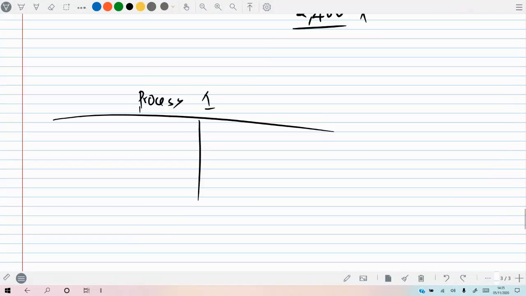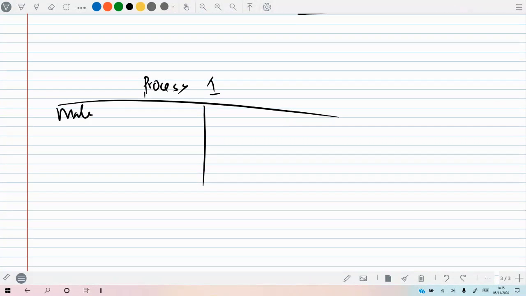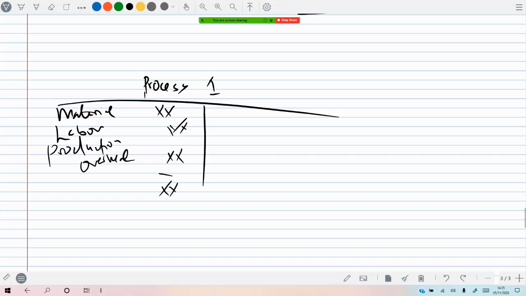Here we have the material that you bought, the labor that was incurred, and any production overhead that was incurred in the process. Don't forget this. By the end of the process, we transfer the material to the next process. I call this the transfer to process two.